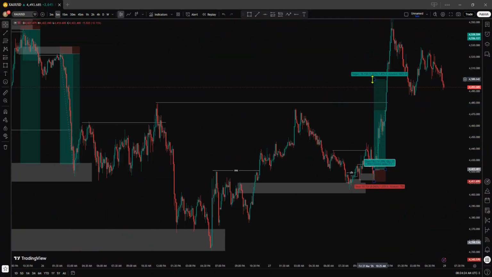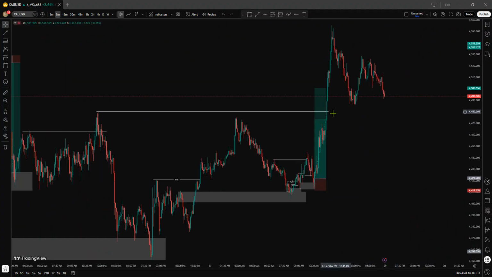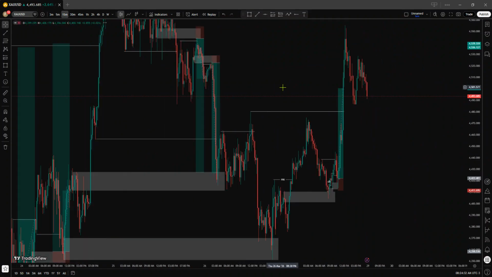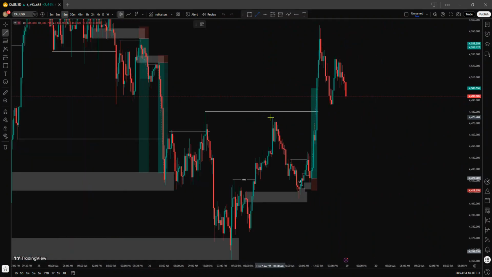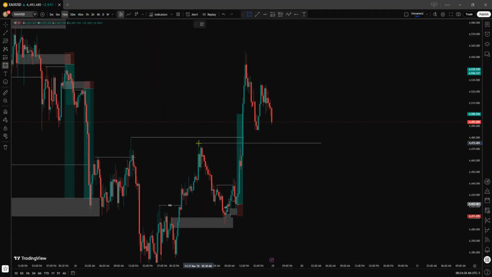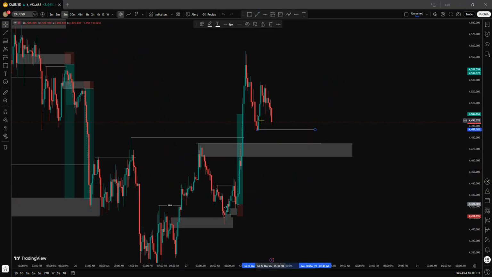Target price was 4,500, and that was the trade I took this whole week. From now, I'm still watching for price to come back into this one and taking a trade from it. Why? Because after it broke, it gave me an inducement that went high up.